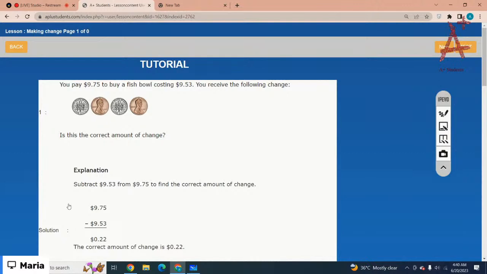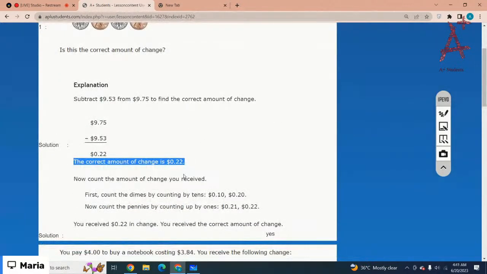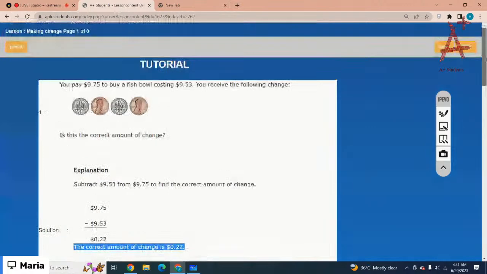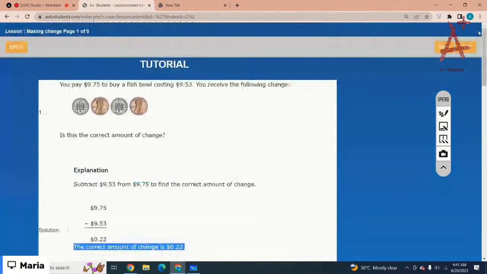Got it? First subtract 9.53 from 9.75. That means the change you are left with is 0.22. Now you just look at the coins. You have two dimes, each 0.10, and two pennies, each 1 cent, so it would be 0.22. That means yes, you got the correct change. Got it?